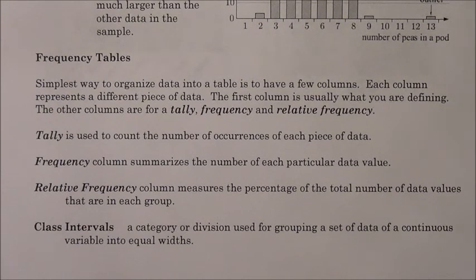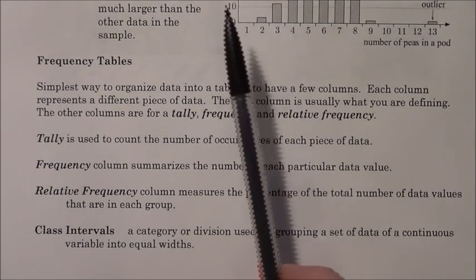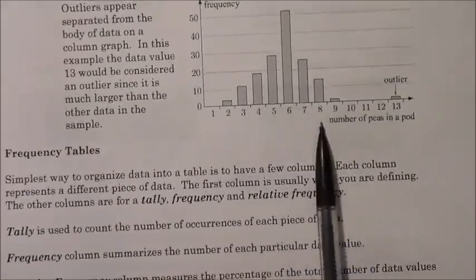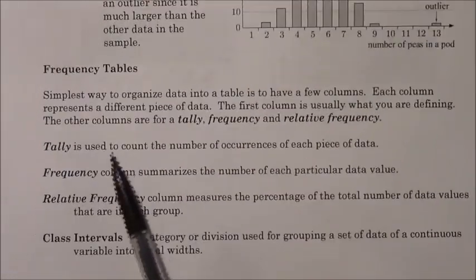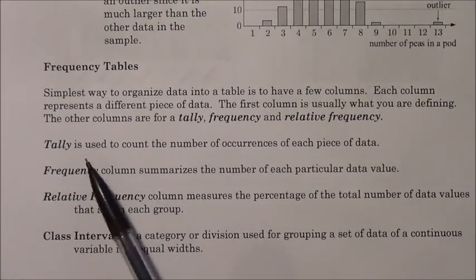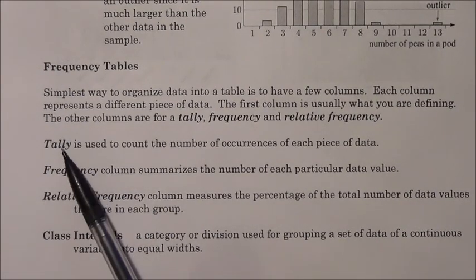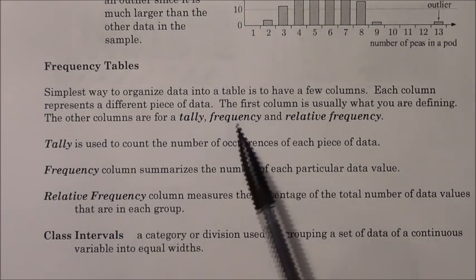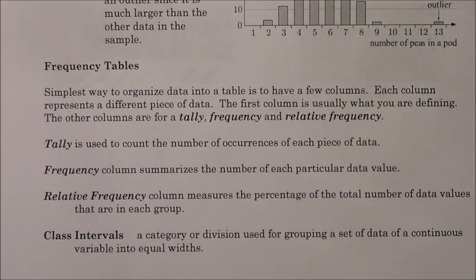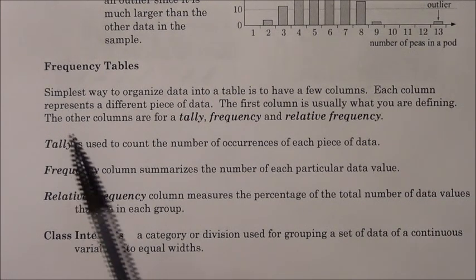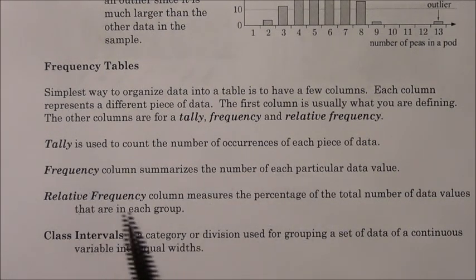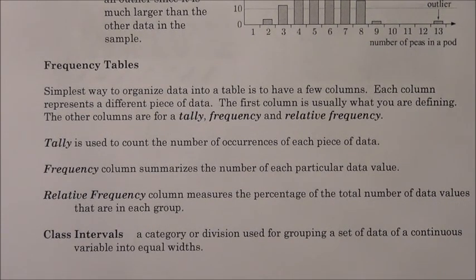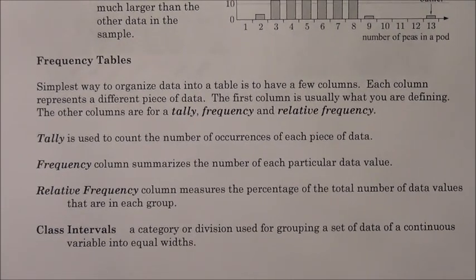So from this example of numbers of peas in a pod, we could say, okay, there's 5 peas in this one pod, so you put a tally mark under 5, and then the next one might be 7, so you put a tally mark under 7, and the next one might be 5 again, you put a tally mark under 5 again. So you add it all up, and then the frequency is the summary of the tally, and then the relative frequency is the frequency as a percentage of the total amount of data altogether.